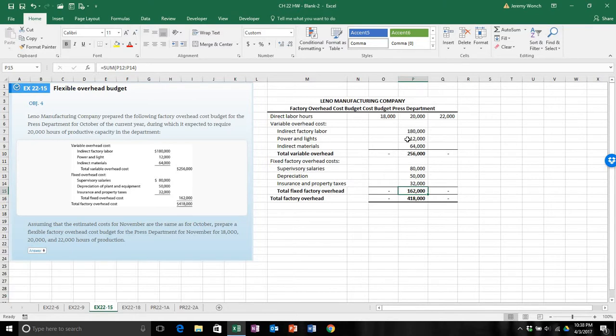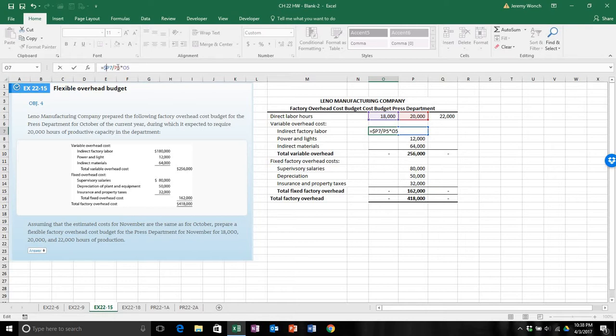Since these variable costs depend on how many hours are produced, we just need to adjust these costs based on this many hours. To do that, we take the total cost and divide it by the hours, which gives us our cost per hour, and we multiply it times the hours in this scenario. To make our lives a little easier, we'll let Excel do some of our work.